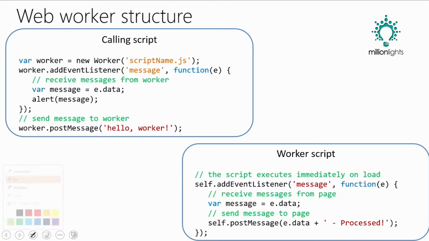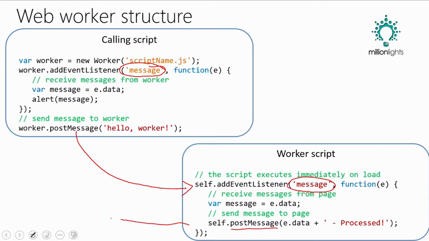The answer is the message event, which you can see right here. So the message event tells me that we got a message in. When we call postMessage, it's going to go here, and when we call postMessage the other way, it's going to come back over to there and then execute the code from there.